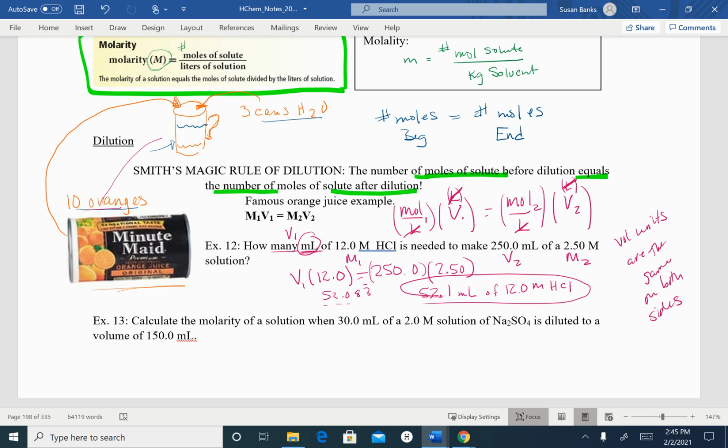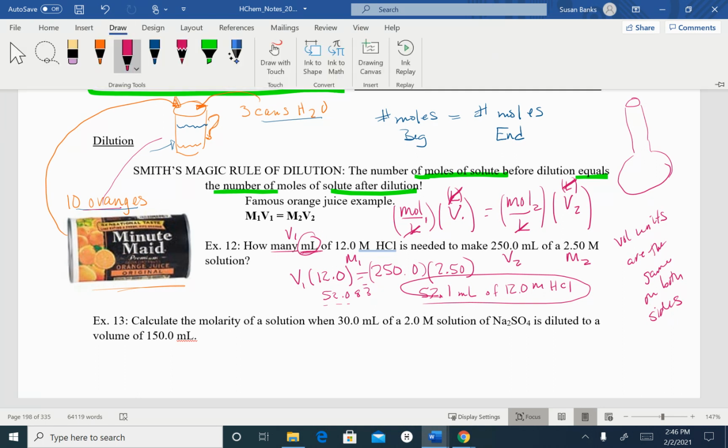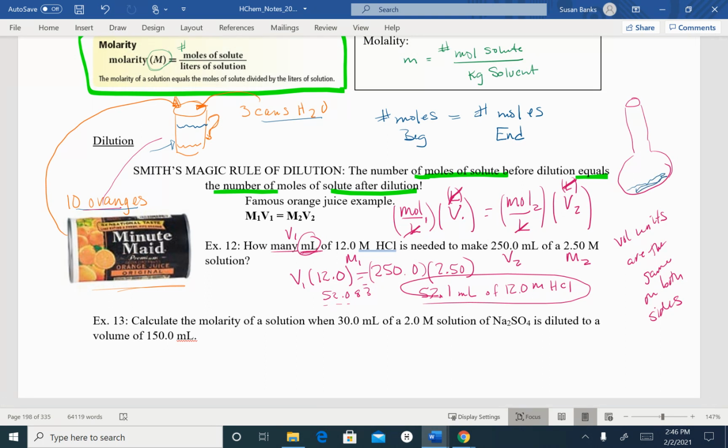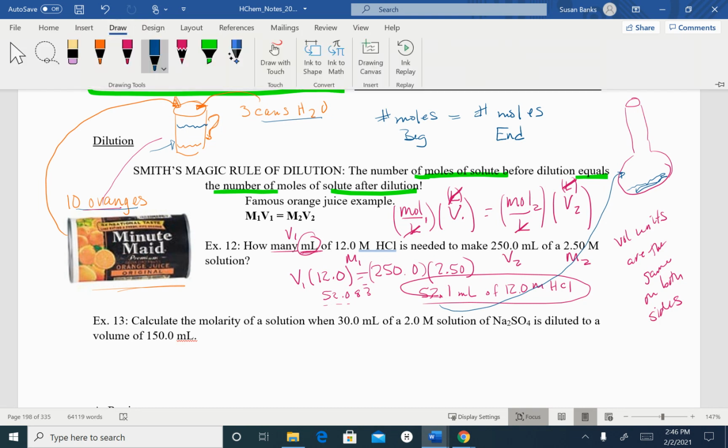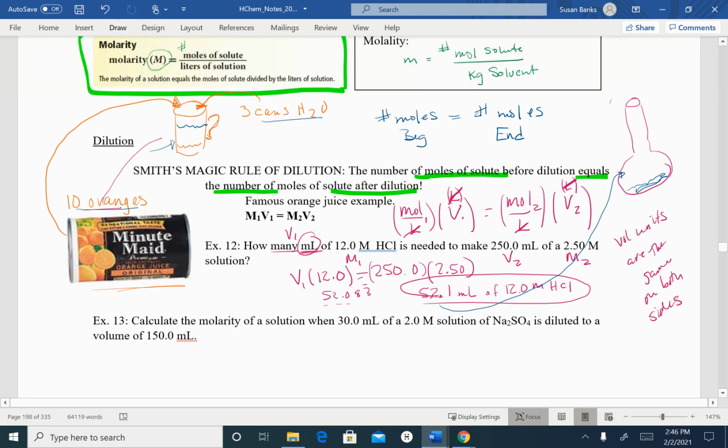Now, in order to just show you how this would work in the lab, if I wanted to actually make this solution, what I would want to do is put a little bit of water in here, just a little bit. And then I would want to measure out the 52.1 mils of the hydrochloric acid and put that acid in.